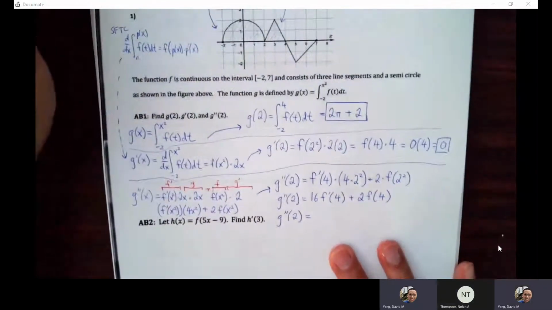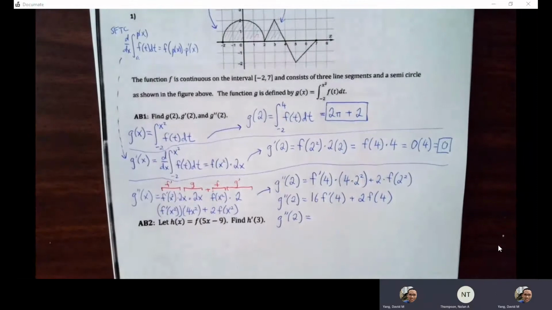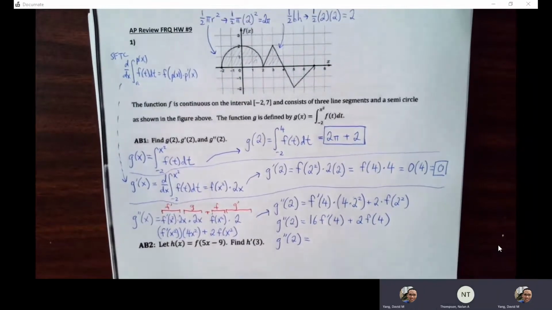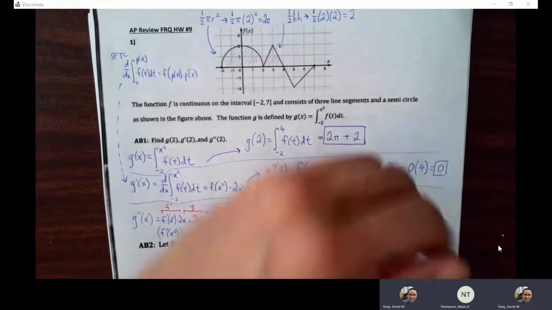Did you get what I got? Yes, so far. Okay. So how can we use the graph? Well, f of 4 equals 0. So we can just cross that out. And then f prime of 4.